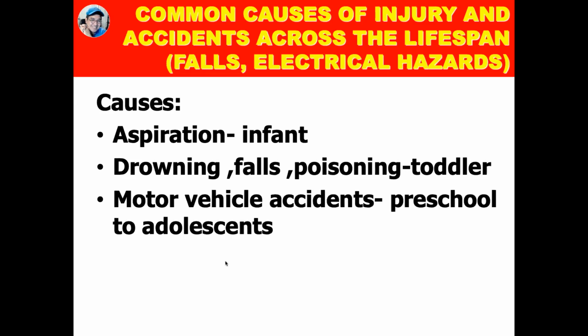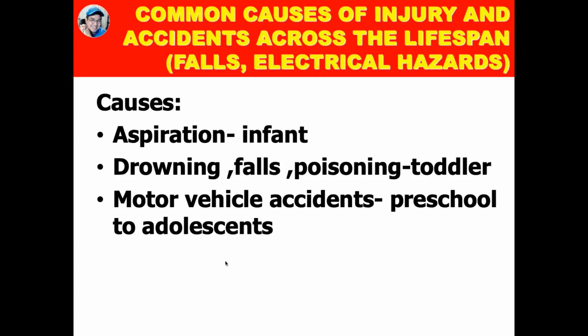Preschool to adolescents are prone to motor vehicle accidents. Preschool and school-age children love to play outside, they love to play with other people, playing with a ball, and whenever the ball goes out of the backyard, they usually run after it and can meet an accident. Adolescents are very risky.